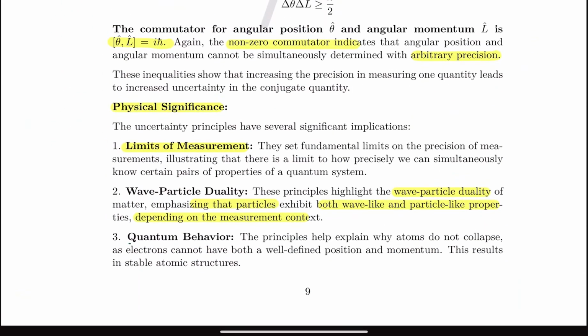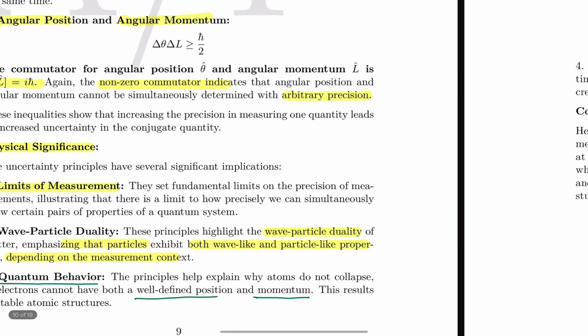And then we could understand the quantum behavior: at a very small level, things are not as observable as we observe them at a larger level. At a larger level, there could be a well-defined position and a well-defined momentum at the same instant, but at the smaller, quantum level, that is not true.